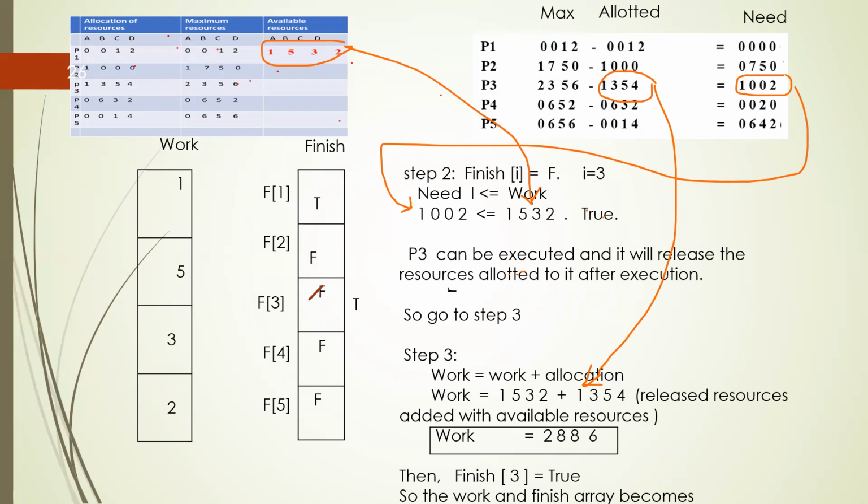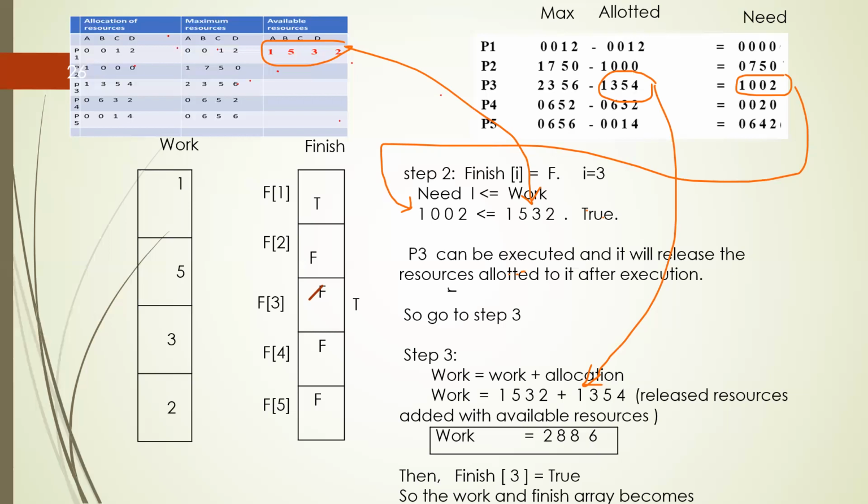Look at the top right corner. 1002 less than or equal to what's the latest work available? 1532. So 1002 is less than 1532, true. So process P3 can be executed and it will release the resources allotted to it after execution.